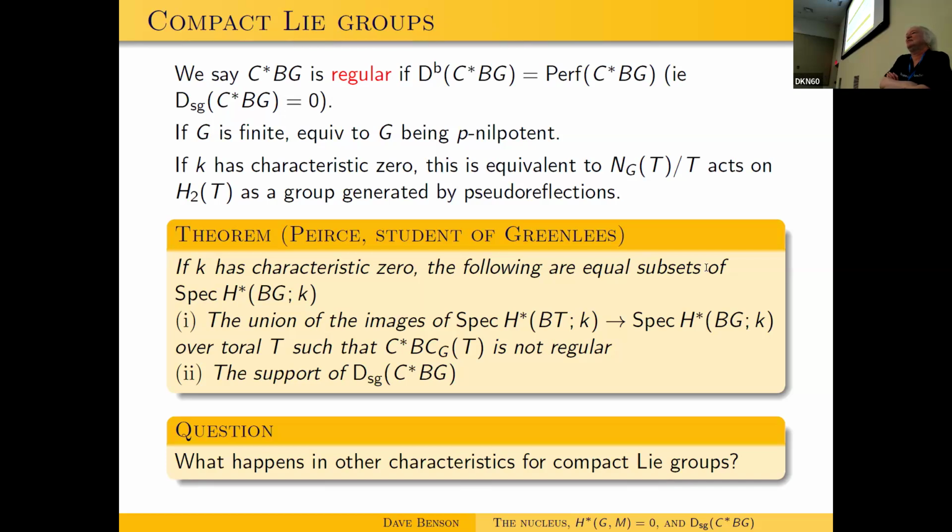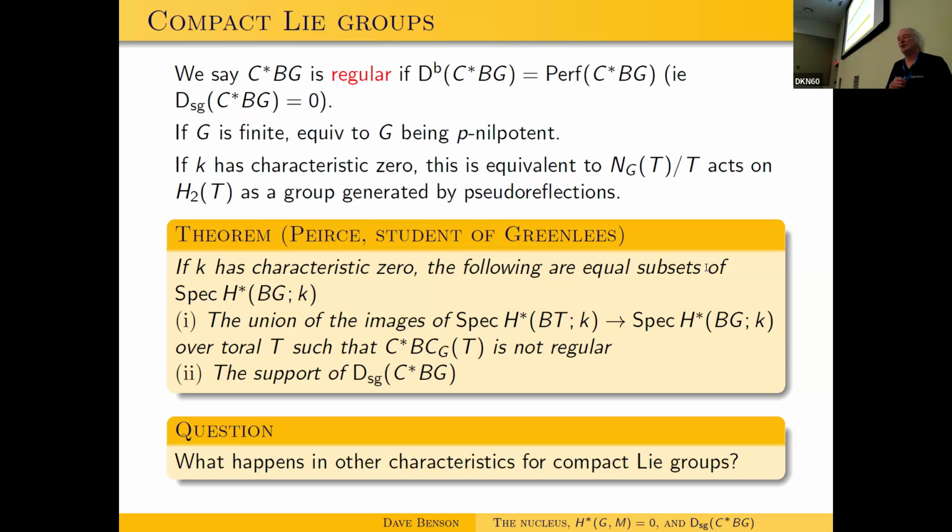It's a good definition of regular. In the case of rings, it's equivalent to all the usual definitions of regular. So for G finite, it's equivalent to G being p-nilpotent, where p is the characteristic.